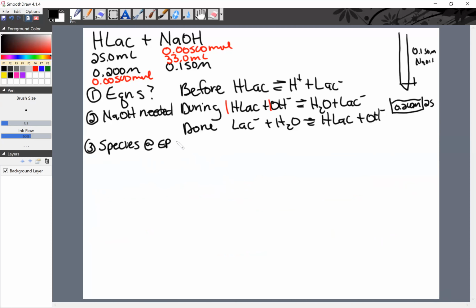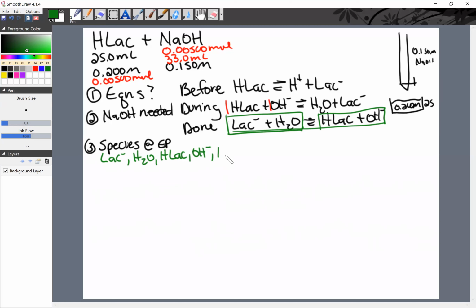All right. So which equation am I at right now? Now, I didn't overshoot, so I'm using this equation. So these two, that's what was created. And when they're together, they will create these. And then don't forget counter ions. So right now, I should have some lactate, some water, some weak acid, and some hydroxide.